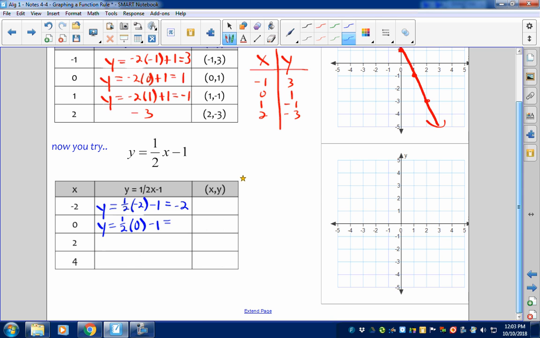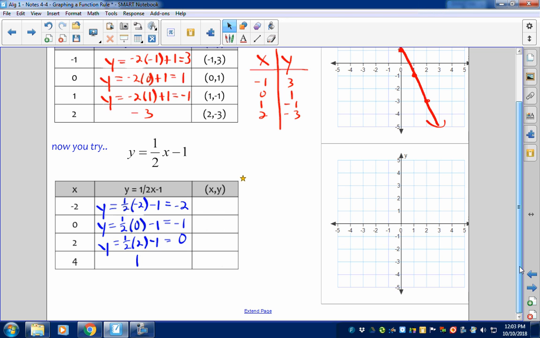Half of 0 is 0. 0 minus 1 is negative 1. Plug in 2 next. Half of 2 is 1. 1 minus 1 is 0. I'm starting to see a pattern here. Negative 2, negative 1, 0, and 1 is the next one.